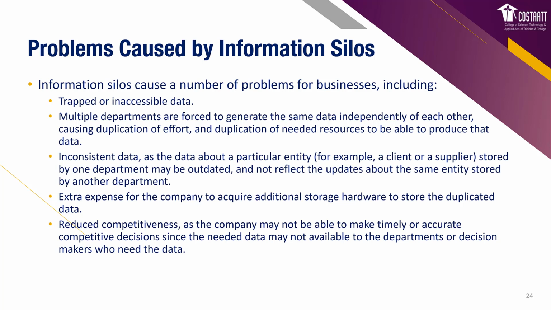Because one department has the data, it's in a silo. The other department or departments need that information or that data, and they can't access it. So because they can't access it, they don't make timely decisions, or they don't make good decisions, because they're simply guessing, because they don't have the data available to them, because the data is trapped in a silo.